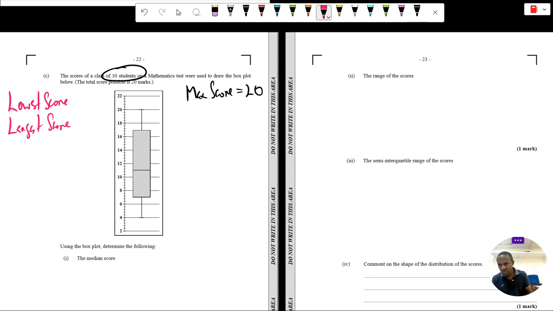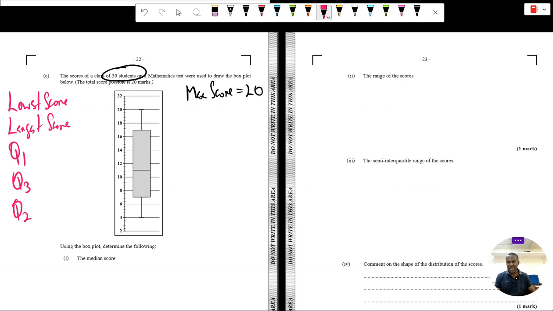It is supposed to show the lower quartile, Q1, or what is referred to as the 25th percentile. It is supposed to show the upper quartile, Q3, and of course, it's supposed to show the median, Q2, right?